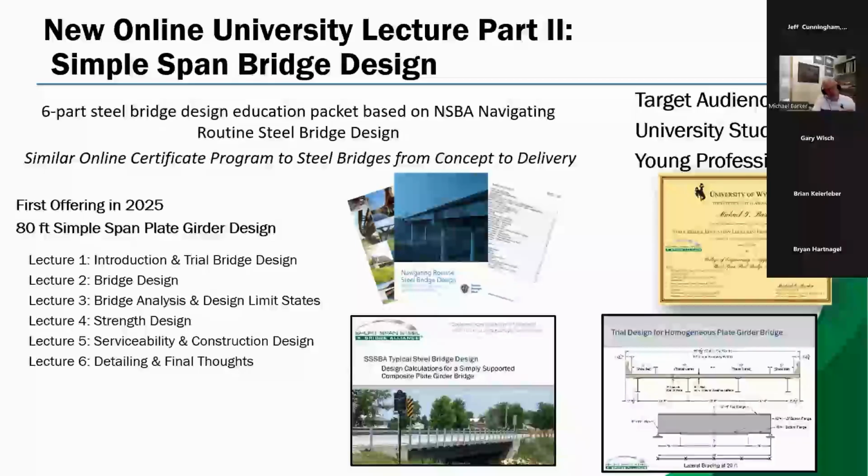We're going to be using, because ASTRO is really difficult to use directly, something NSBA has come up with called Navigating Routine Steel Bridge Design. If we just have a simple span bridge, we don't need to be in that complicated ASTRO specification. We can use simpler ways of getting to that design.